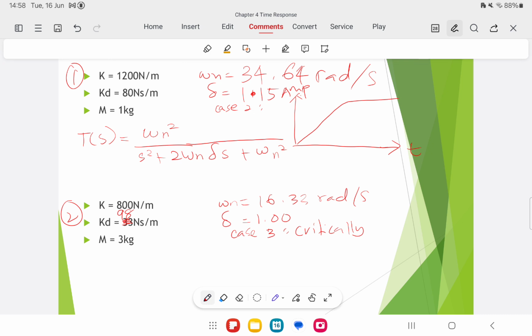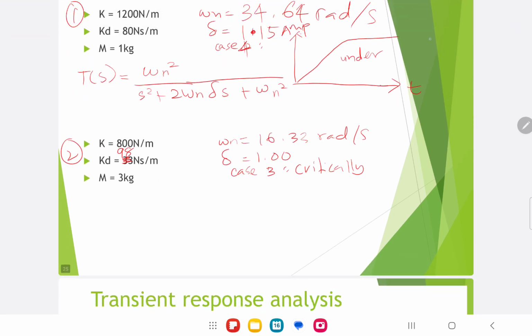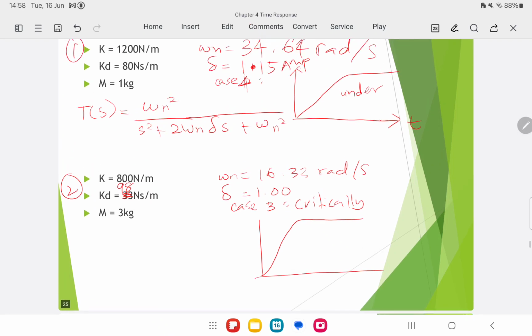Under. 1.15. Tadi case 4 lah. Sorry, case 4 kan. This one is under damped. Okay, and then for this one, bila nak lukis nanti jangan sama pula dengan yang atas. So bila lukis dia kena lebih cepat sikit lah. Okay, so this is critically damped.